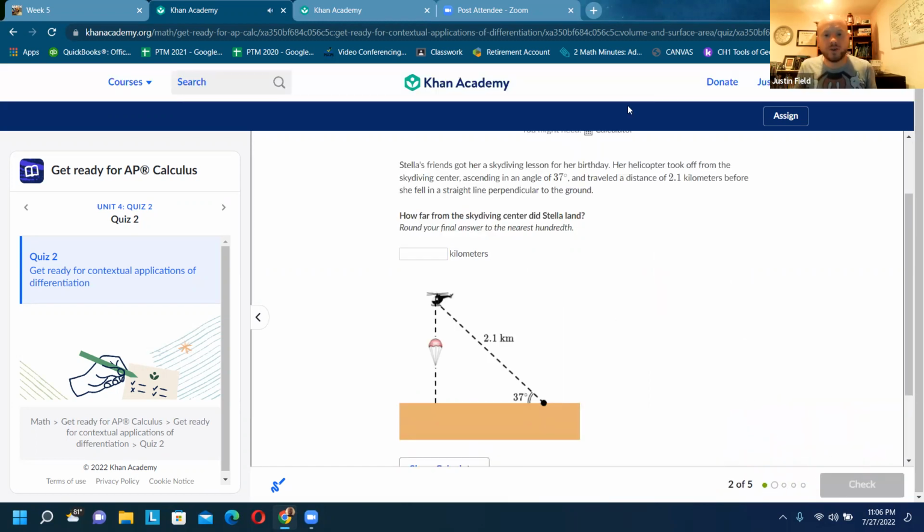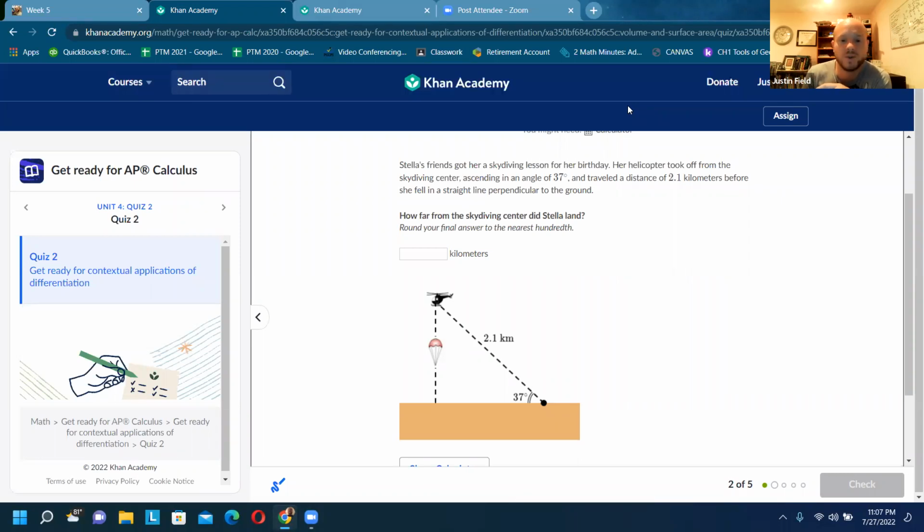Okay, Stella's friends got her a skydiving lesson for her birthday. Her helicopter took off from the skydiving center, ascending at an angle of 37 degrees and traveled a distance of 2.1 kilometers before she fell in a straight line perpendicular to the ground. How far from the skydiving center did she land?